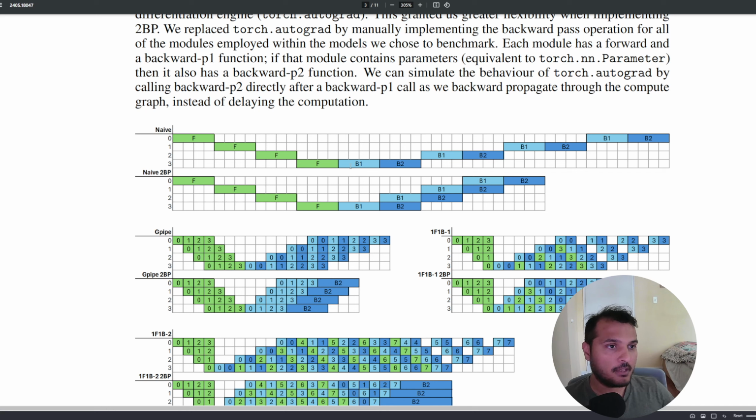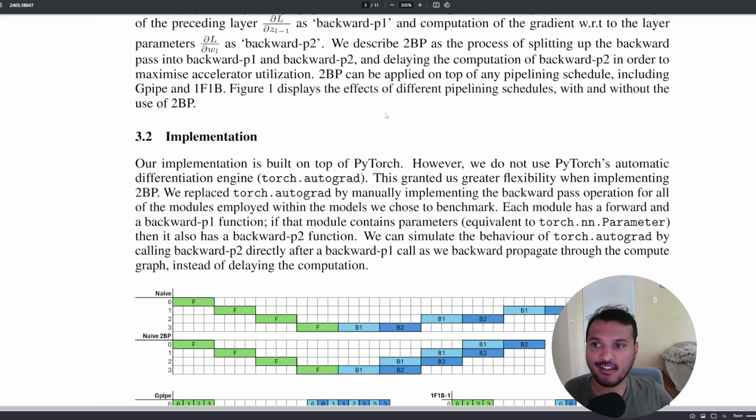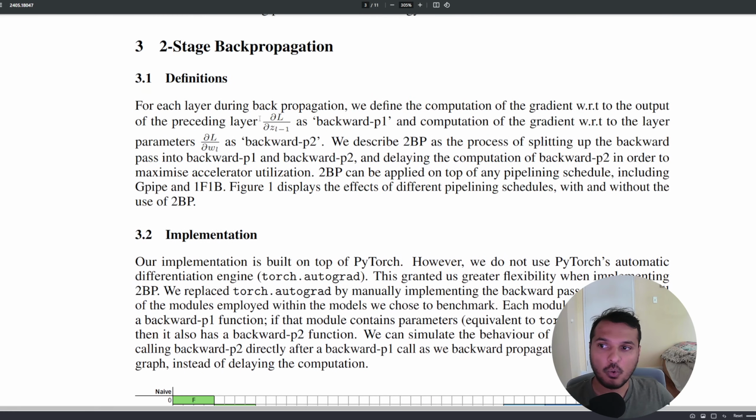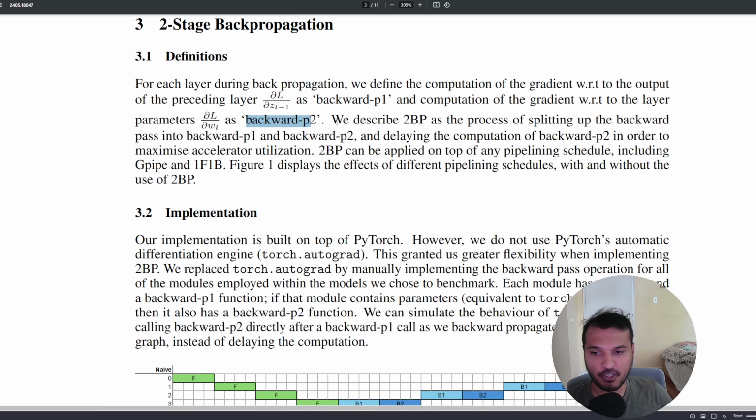And now the backward pass, the authors say, has 2 components. One is the derivative of loss with respect to activations, and the other one is the derivative with respect to the weights. So each backward computation can be broken up into these 2 computations, which they call B1 and B2.